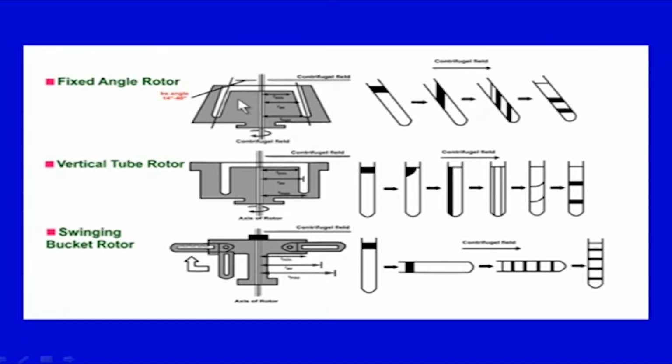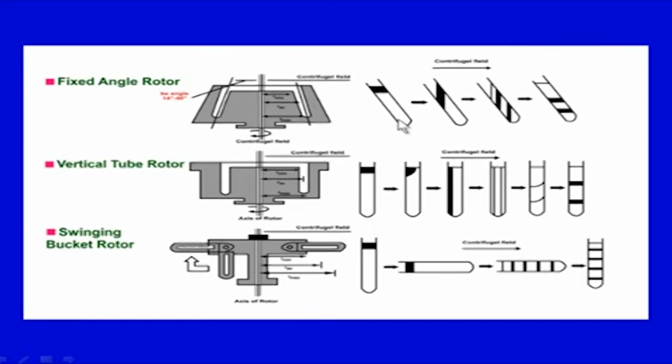When the rotor is switched on and programmed for a particular revolutions per minute or RCF, then as the centrifuge begins, at the resting position this will be the position of the meniscus, or the liquid placed in the tube.